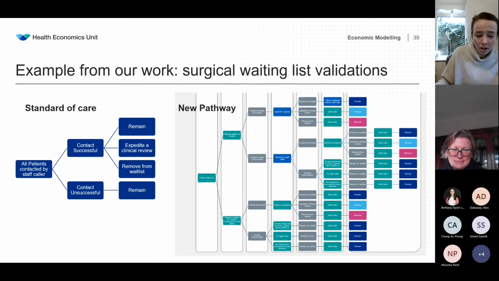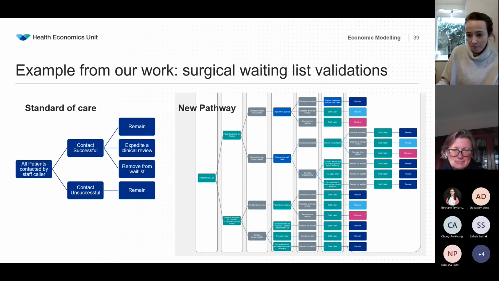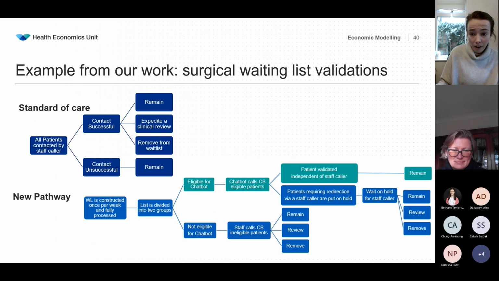In another example from our work, this was the standard of care, and then this was the new pathway as described by the clinician. So from lots of conversations and stakeholder interactions, we designed that this was the pathway as the clinicians saw the pathway. This is the pathway as the economists saw the pathway. So what's clinically important might not actually be important for your economic model.